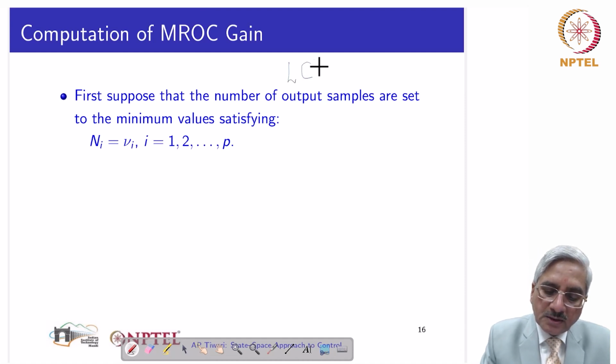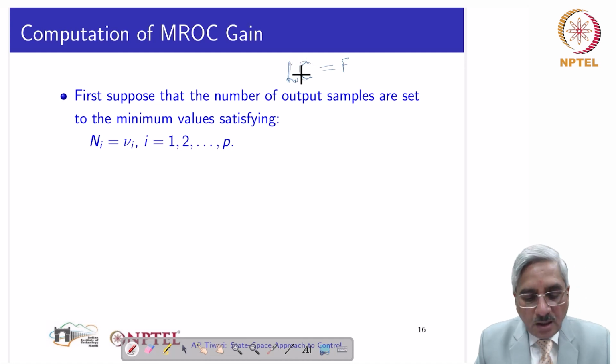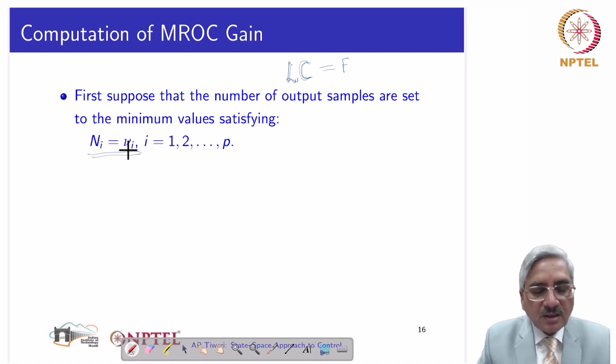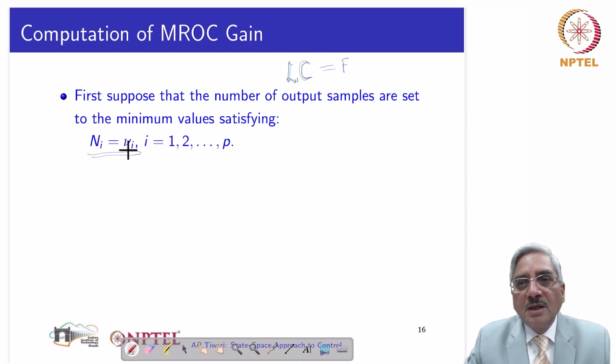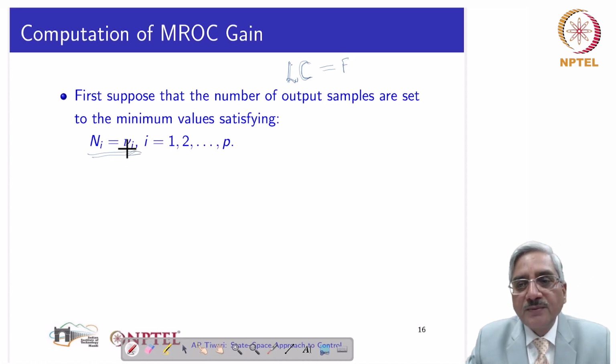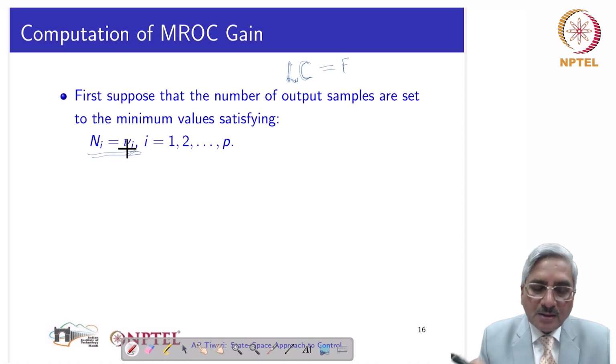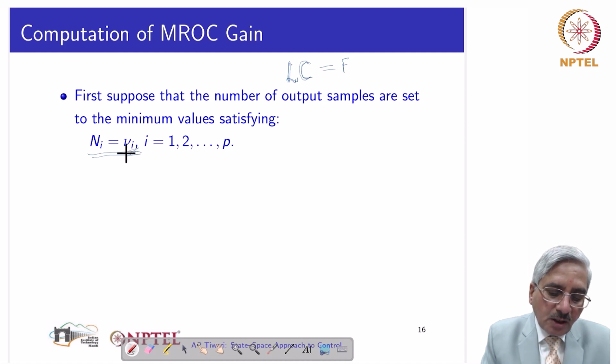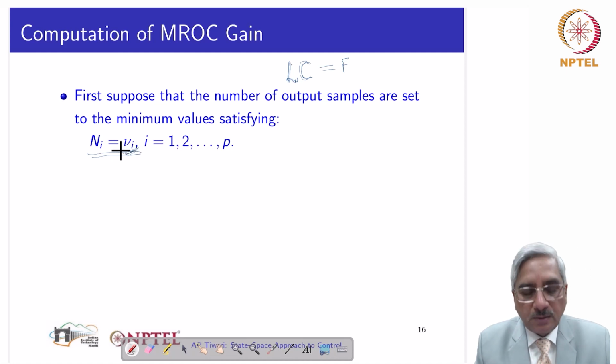Basically we are considering the equations LC equal to F, this bold L, bold C. So the first situation we are considering is that all outputs are exactly sampled such that N1 equals ν1, the number of samples of output 1 taken during one interval T0 is exactly equal to the observability index of output 1, N2 equals the observability index of output 2, and so on.